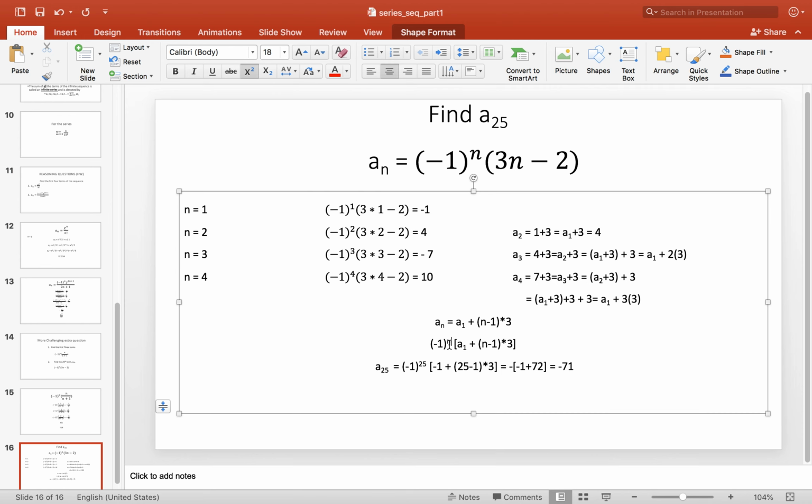But here, this works perfectly because when n is 1, it's odd, and when you have odd, this becomes negative. When n is 2, that's even, and this is positive. So now we have a beautiful formula. All you've got to do to find A of 25, which is what you're looking for, is plug in 25 for n, and then you solve it.